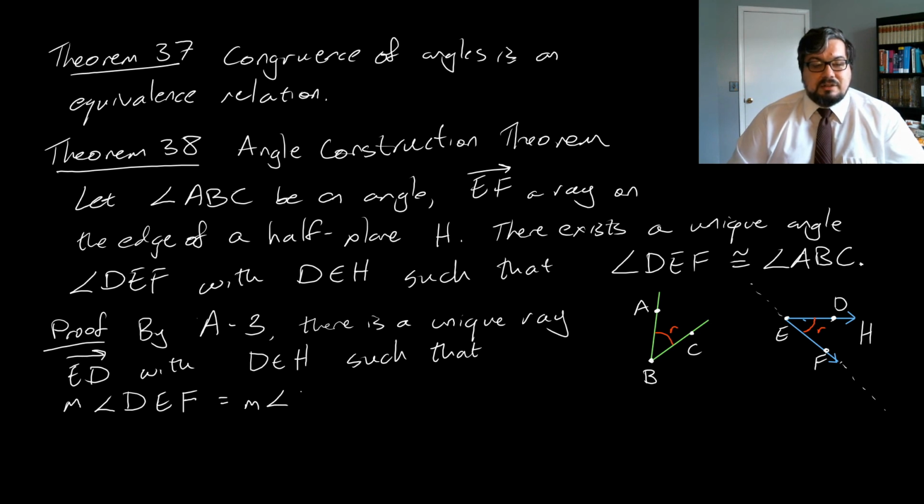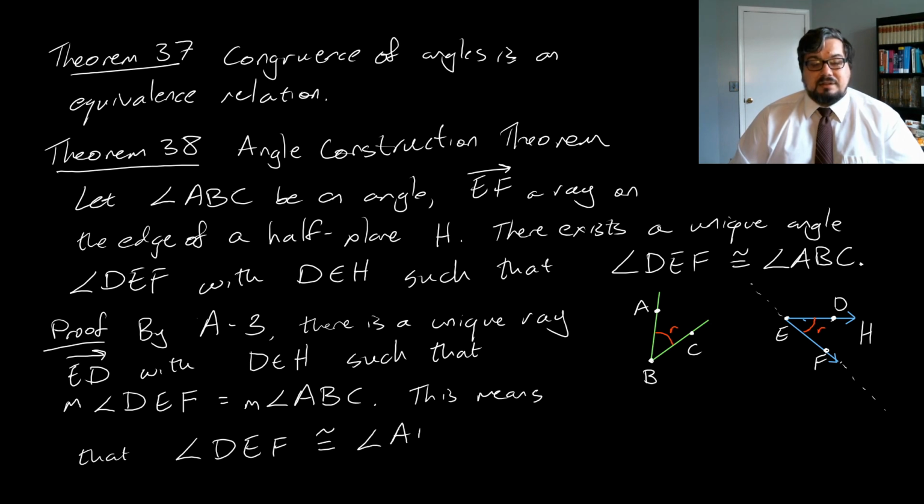So in particular, we're going to have it be the measure of angle ABC. But this means that angle DEF is congruent to angle ABC. And that's pretty much all there is to it.